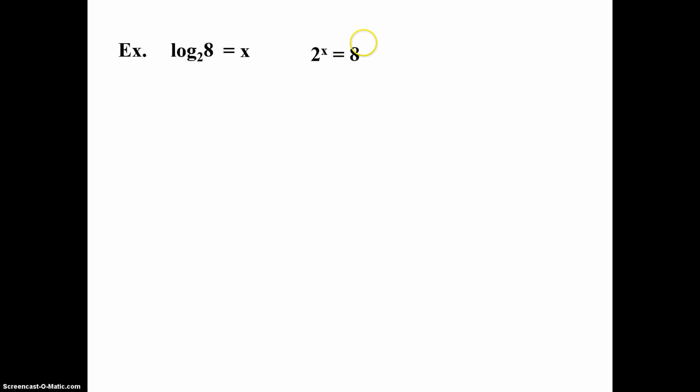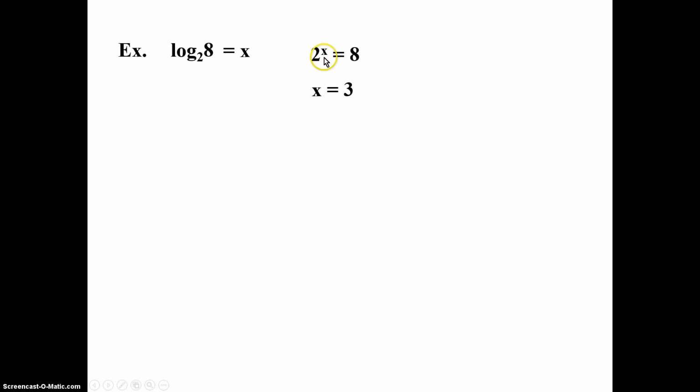I believe we're going to have to rewrite the right-hand side, the one that has the value of 8. Because if you think about it, we can rewrite 8 as 2 cubed. Because 2 times 2 is 4, and then 4 times 2 is 8. So we're going to have to rewrite 8 as 2 cubed.